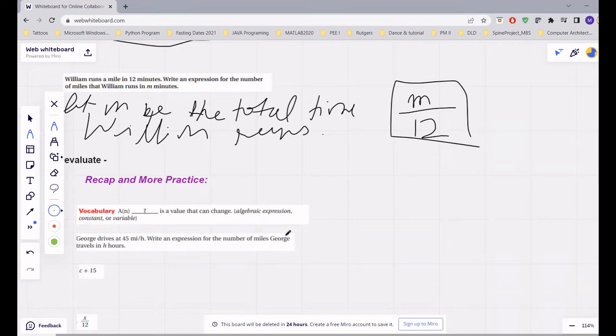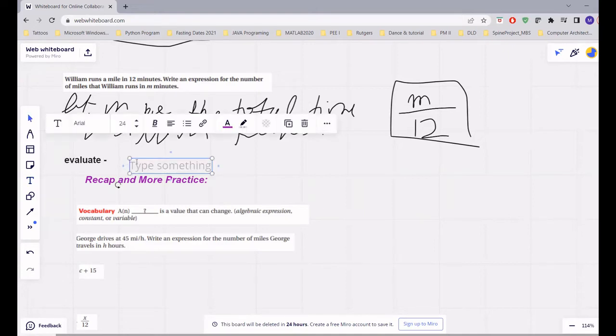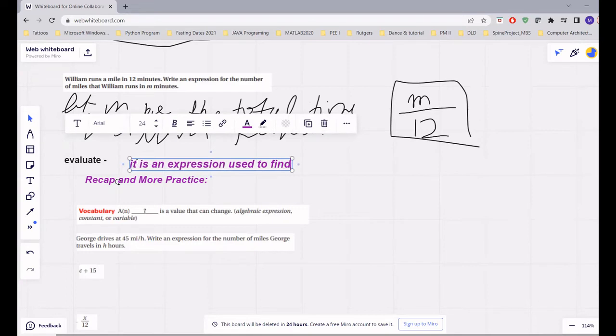Now let's move on. Before we recap and practice, there's one more vocabulary word, and that is evaluate. Evaluate means to use an expression to find its value.